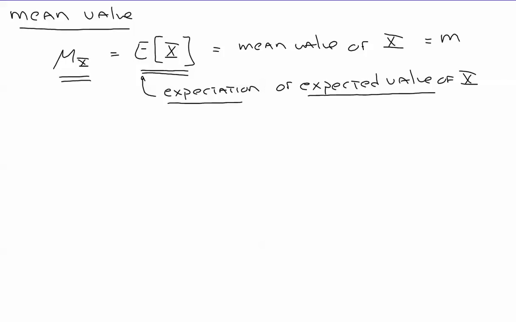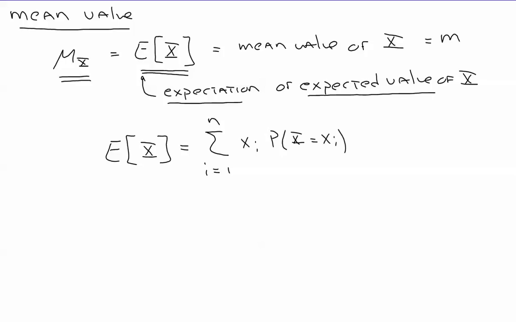All right, so how do we calculate the expected value? Let's begin this way. For a discrete random variable, the expected value is calculated as a weighted sum. All right, this is what's called a weighted sum average.